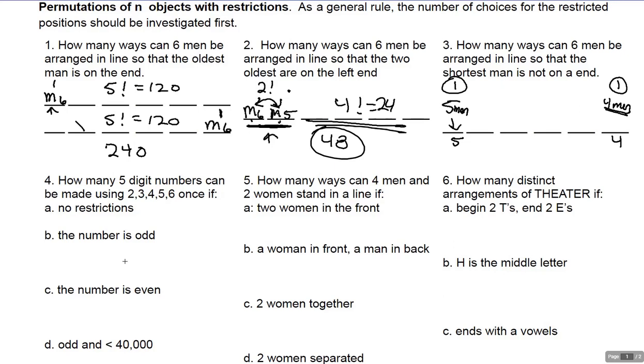Now, how many men are left for the middle? I've got one man in the front and one man in the back. I don't know exactly who it is, but how many are left? 4. And that includes the shortest man, right? So then these spaces are going to be arranged in 4 factorial ways.